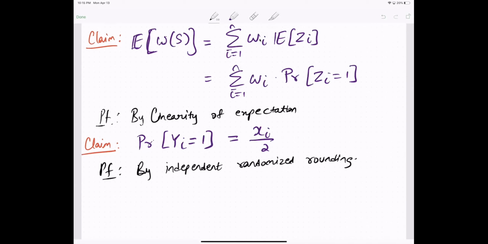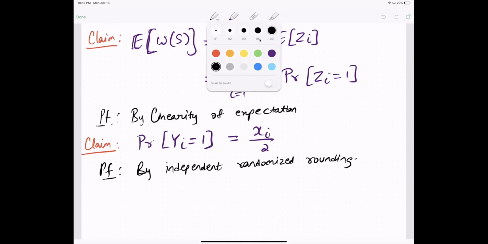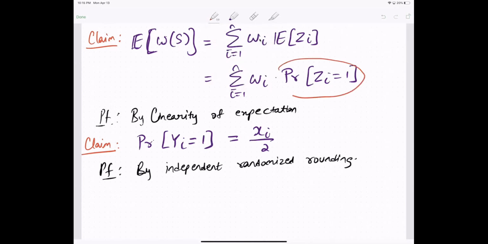Now the key thing here is this part here. How do we analyze this, or how do we give a good upper bound on this? Actually a lower bound. How do we give a good lower bound on this, so that each interval will finally survive with good probability?